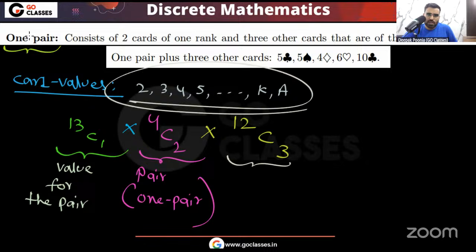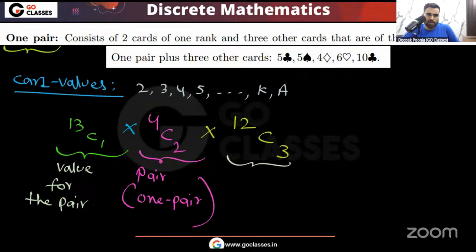So this value I have chosen for the pair. Remaining how many values are there? 12 values are there. From these 12 values, choose three different values. So you can see 12C3. This we are doing for the values of the remaining three cards.